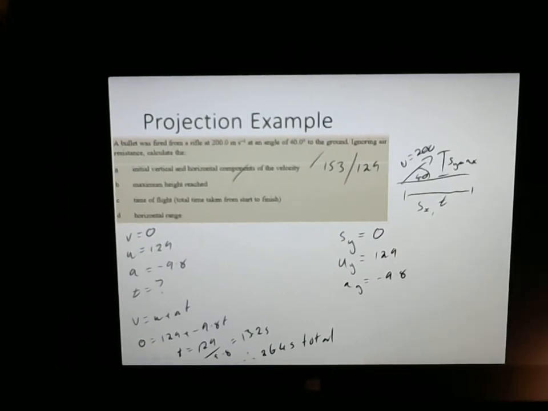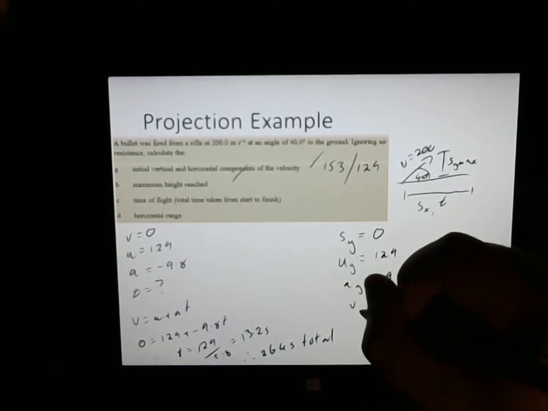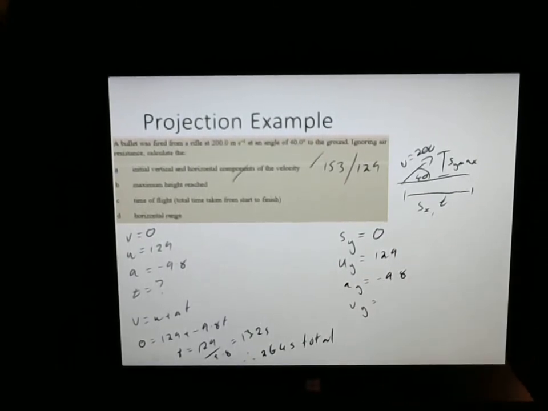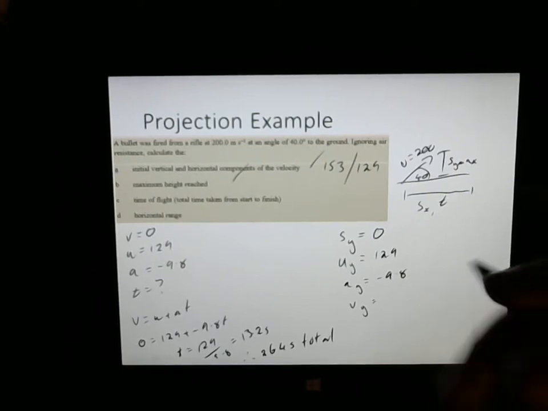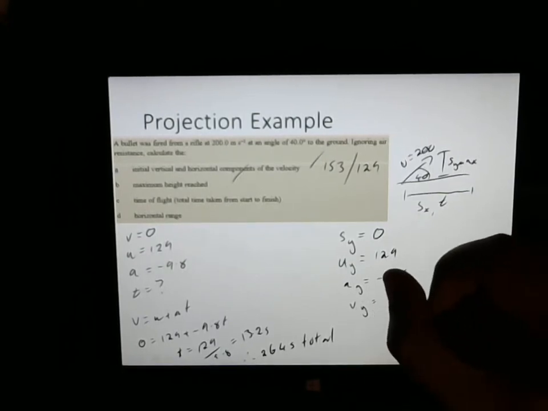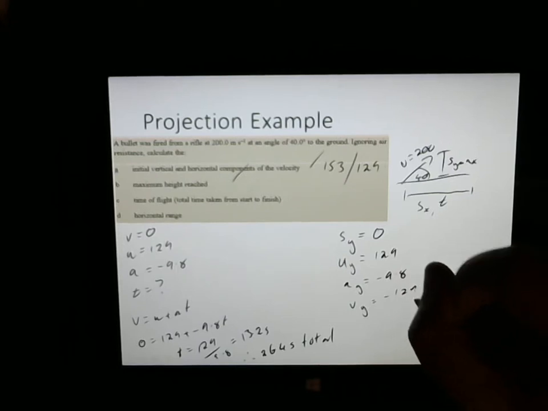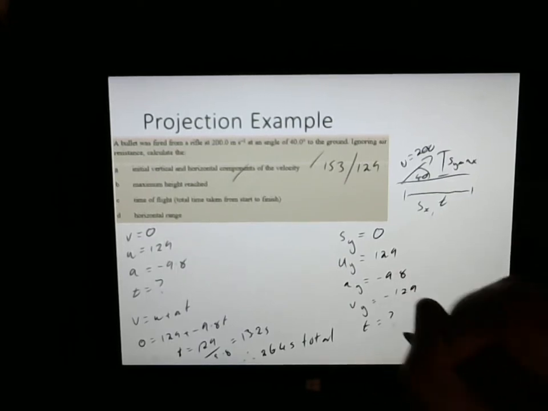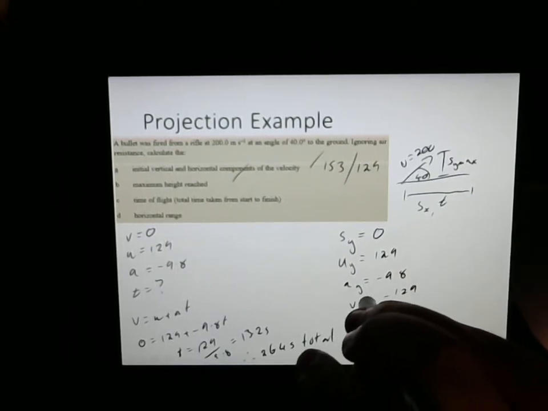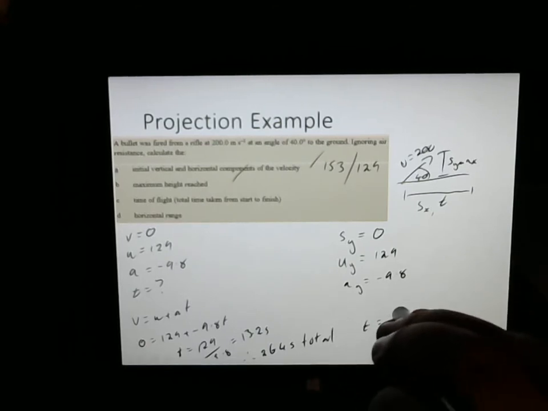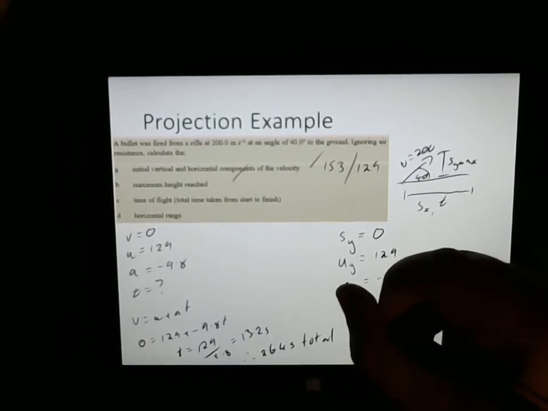Because we know that these are symmetrical, we know that vy will equal negative 129. Oh, sorry, no, we don't want vy. We can use this though, negative 129. But we want to know t. So I'm not actually going to use the vy. We don't need that. I'm going to just use this, so t.